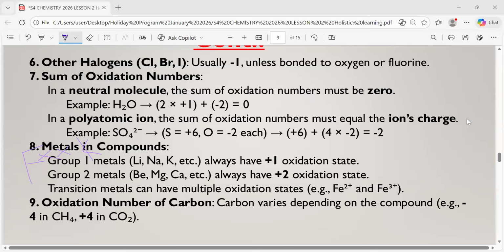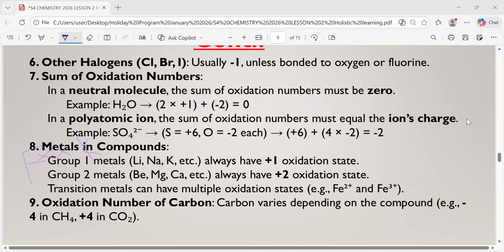Okay, number 6, other halogens like chlorine, bromine, and iodine are usually -1, unless bonded to oxygen or fluorine. So we are saying that other halogens, you recall even fluorine, which we have already talked about, is under halogens.